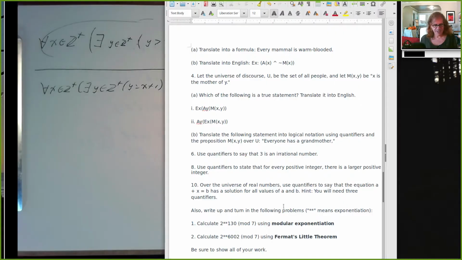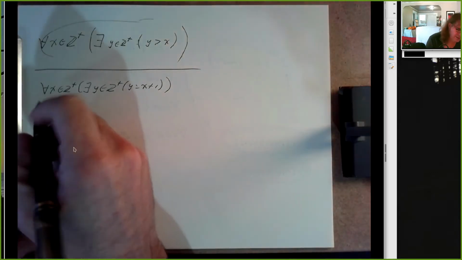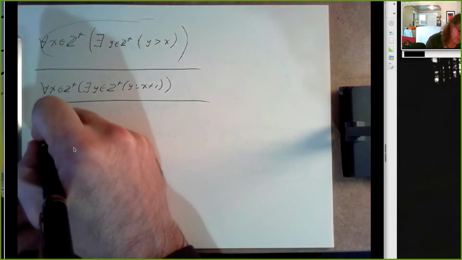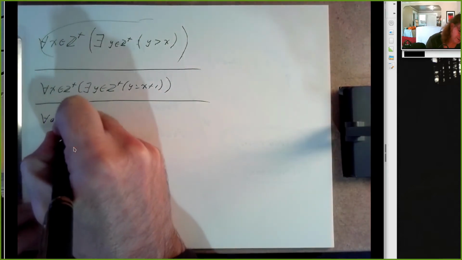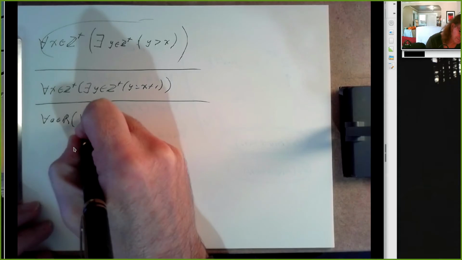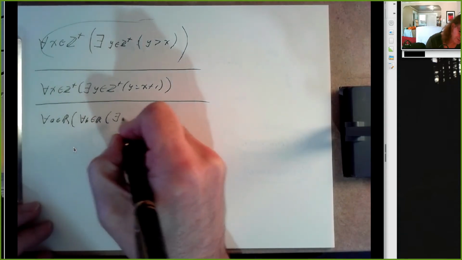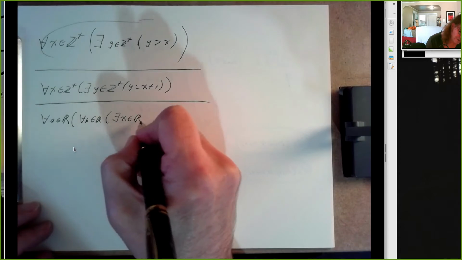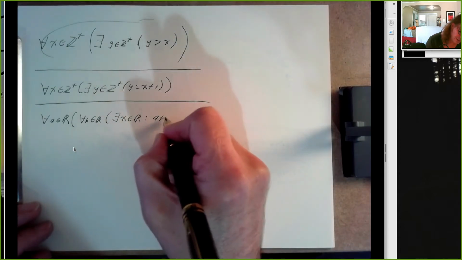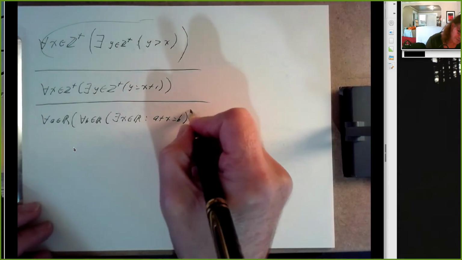For any is another way of saying for all. So let's write this out. For all a contained in R, for all b contained in R, there exists an x contained in R such that a plus x equals b.